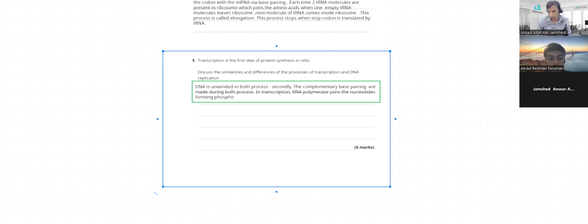Let's get back to the differences now. Transcription uses RNA polymerase while replication uses DNA polymerase. Transcription produces a single stranded messenger RNA, while replication produces a double stranded DNA.